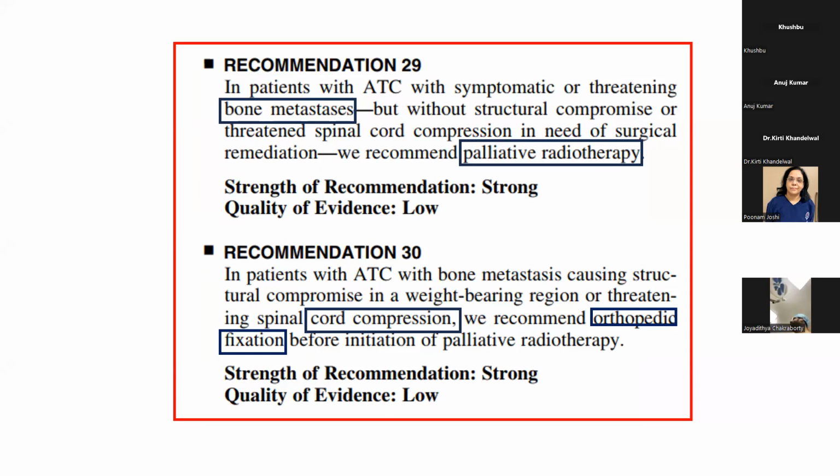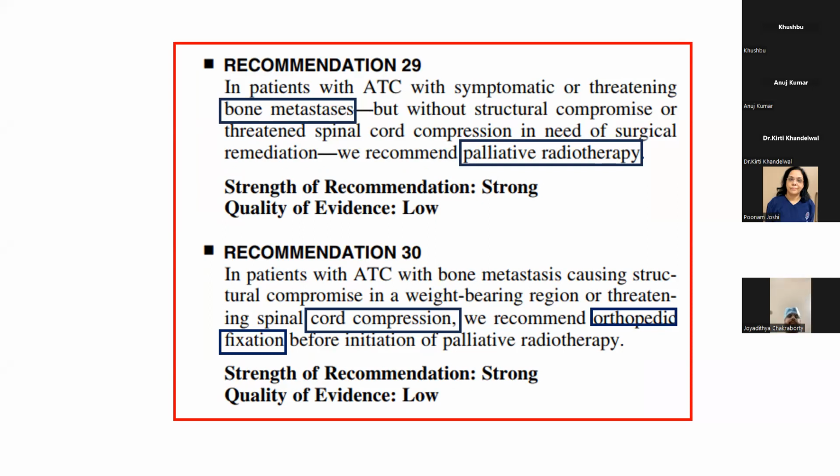And when we talk about distant metastasis, like here in bone metastasis, when we encounter these, again we recommend palliative radiotherapy. We will decide the dose fractionation, whether we have to go for a conventional dose fractionation or a stereotactic dose fractionation, depending upon the case.